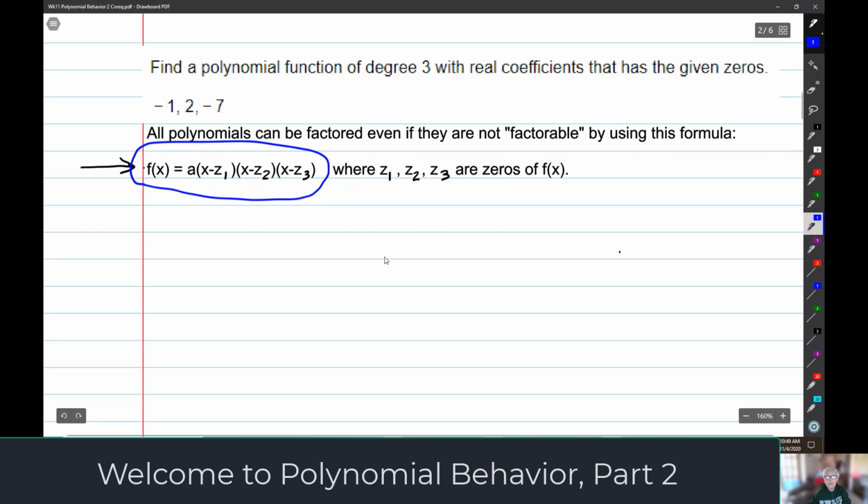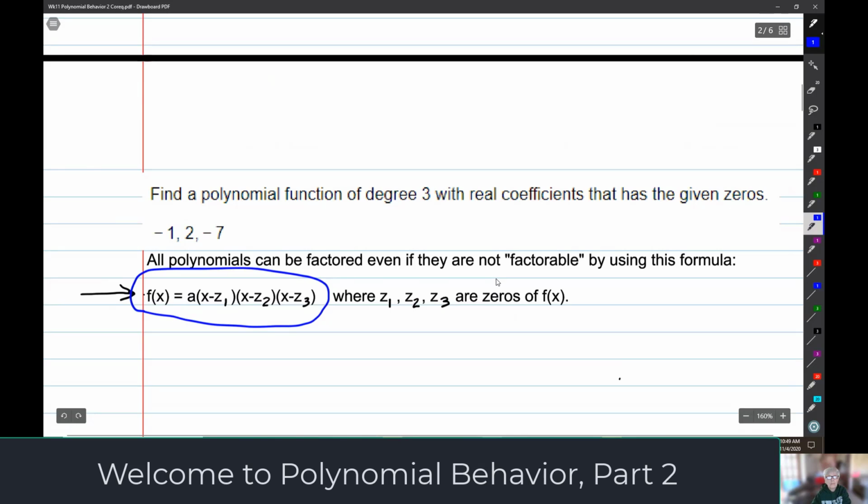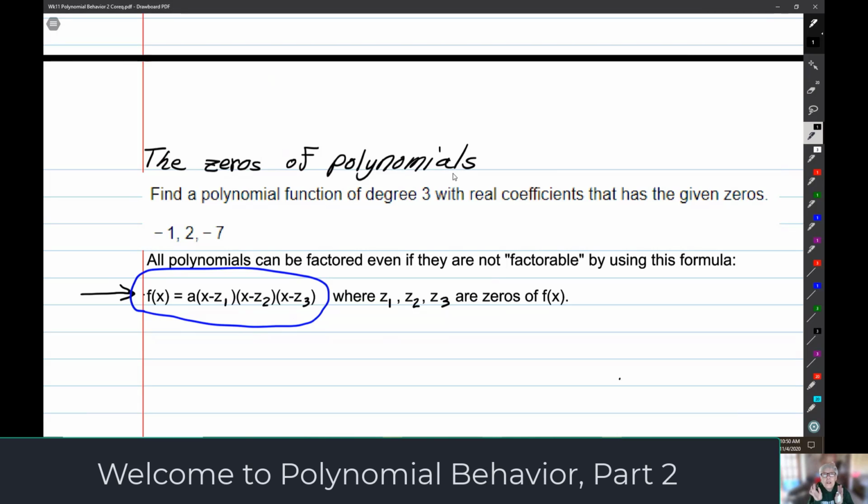So here's the secret of the universe, right here. The zeros of functions. Let's say the zeros of polynomials build the polynomials. They're the seeds that grow up and they give birth to the polynomial function itself.